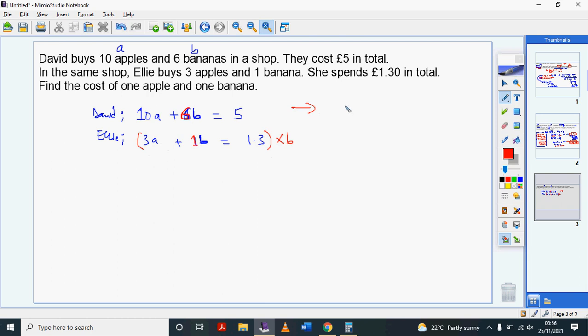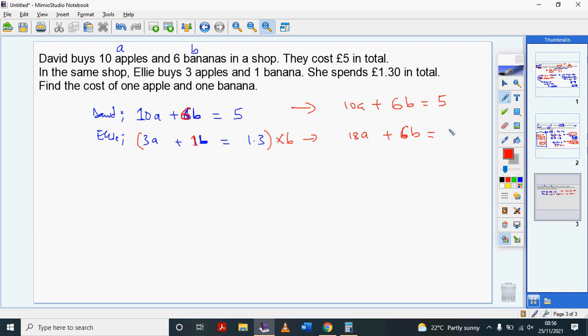So the first equation stays the same, 10 apples plus 6 bananas is equal to 5. And the second equation now becomes 3 times 6, which is 18 apples plus 6 bananas is equal to 1.3 times 6 is 7.8, I believe.